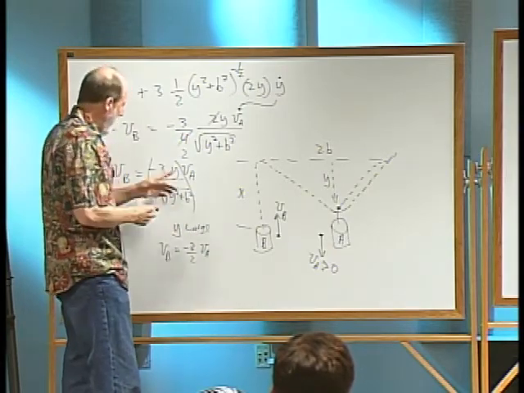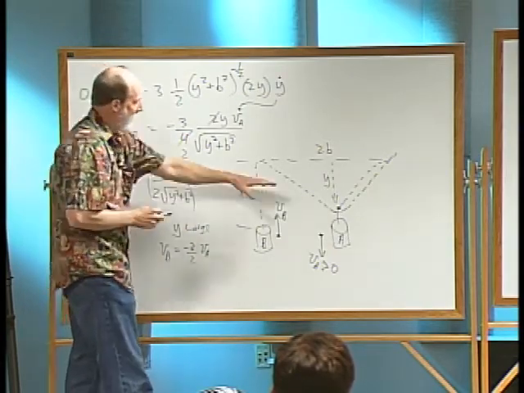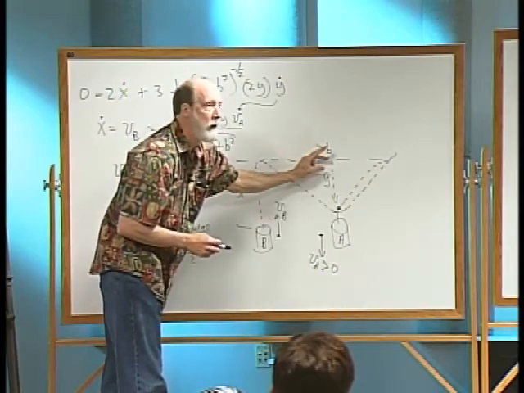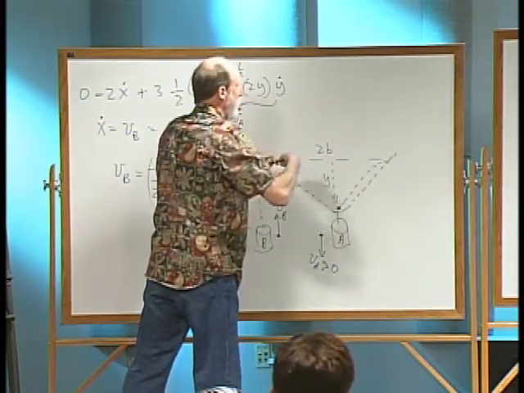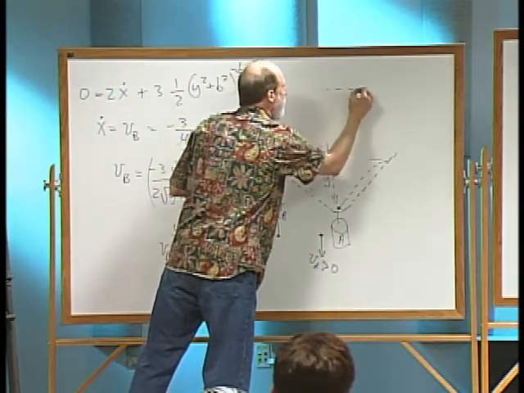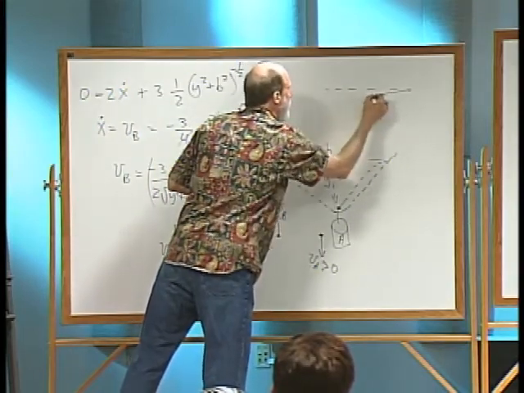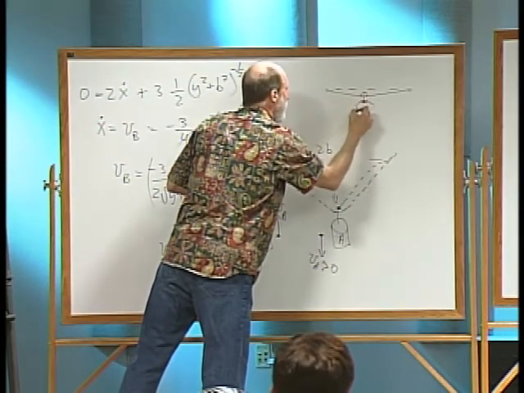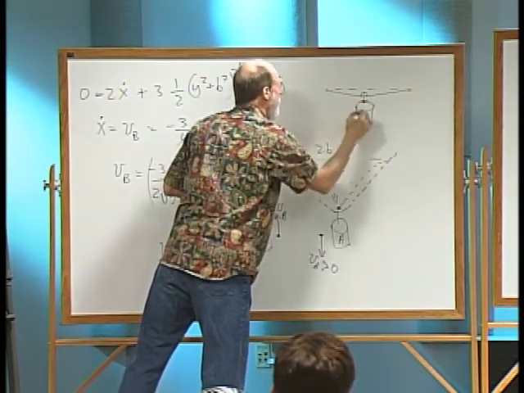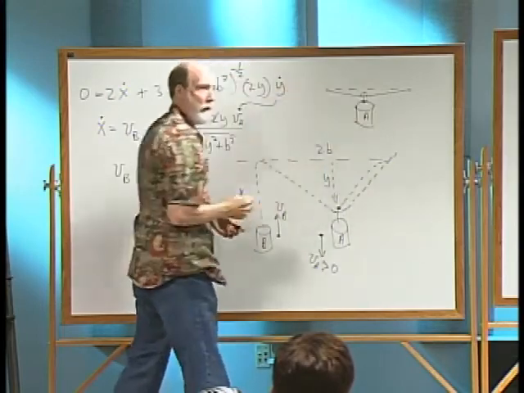Now, what about the reverse? What about if y was very, very short relative to this distance b? In other words, we have a wide span here, and here is the cable now supporting body A, very close to being horizontal.